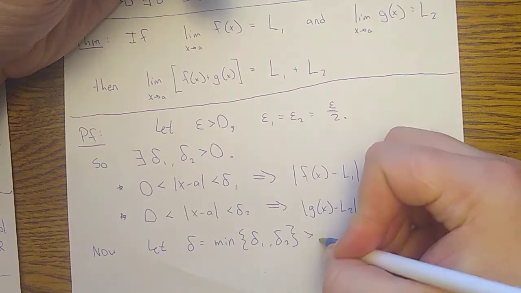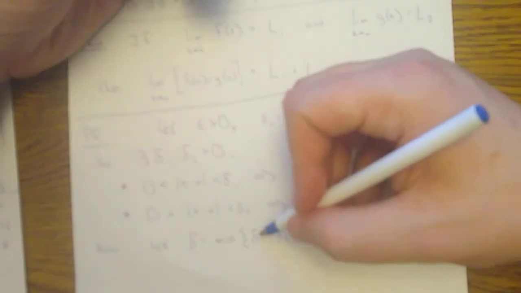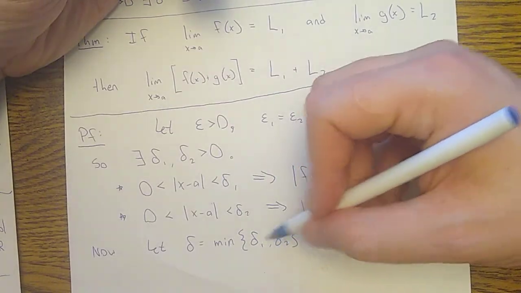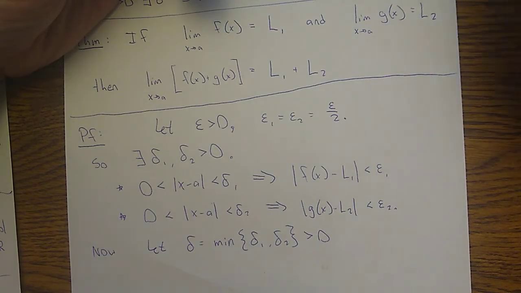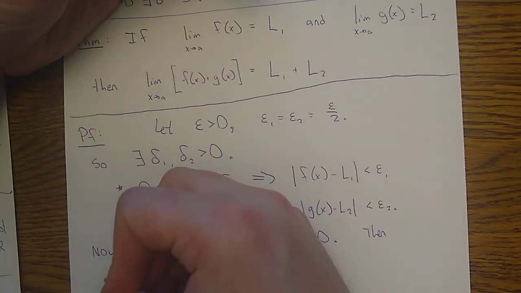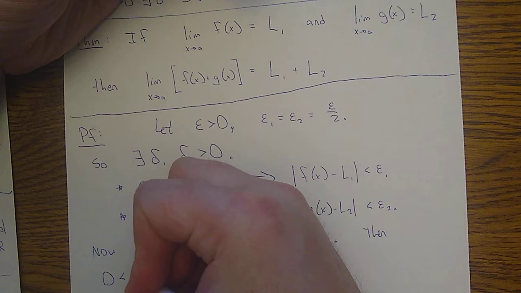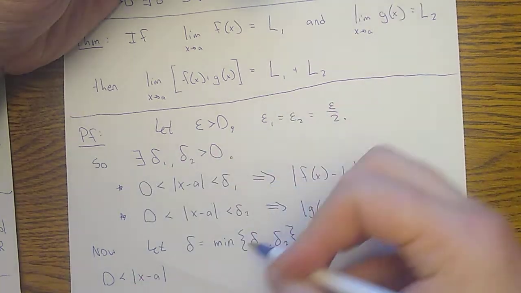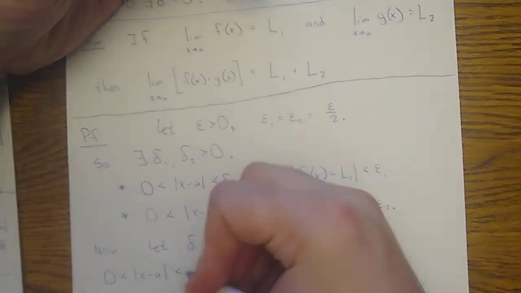And by the way, this is a positive number. If delta 1 and delta 2 are both positive, then the min of them is positive. And why do I do this? Why is it the min?